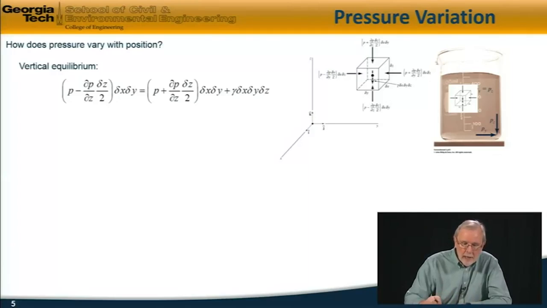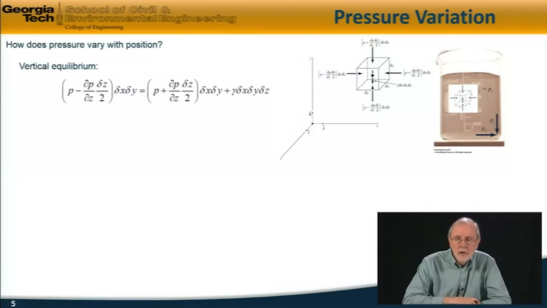Balancing the forces in the vertical direction, the force pushing upwards is the pressure force P minus dP by dz times delta z over 2, where dP by dz is the pressure gradient in the vertical direction, multiplied by the area, which is delta x delta y.